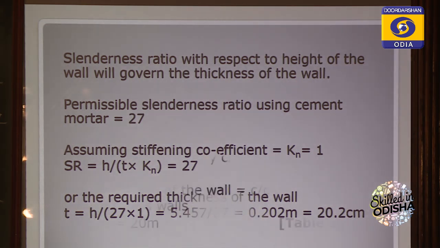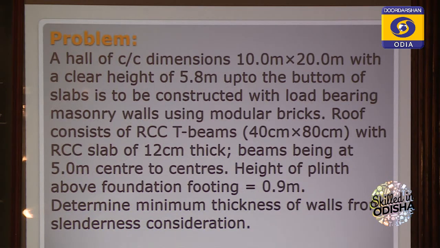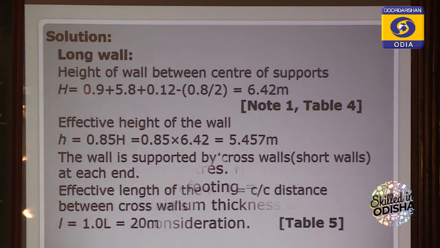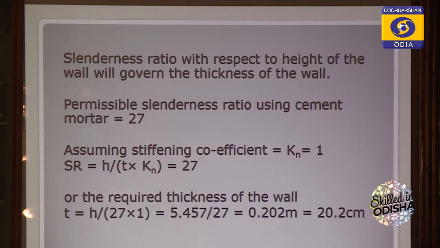You can see Table 7 of your IS 1905 code. The maximum slenderness ratio is 27. So taking the maximum one, the slenderness ratio has been taken here as 27.